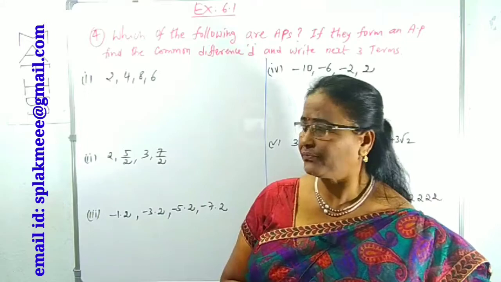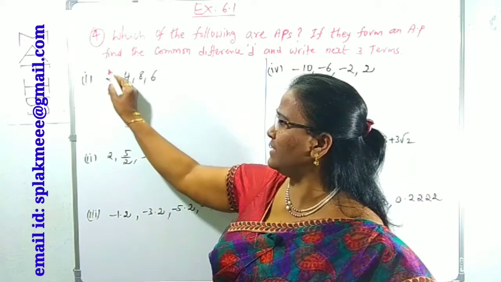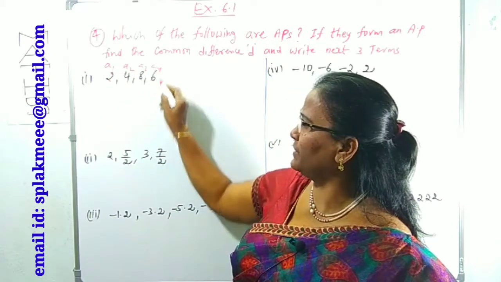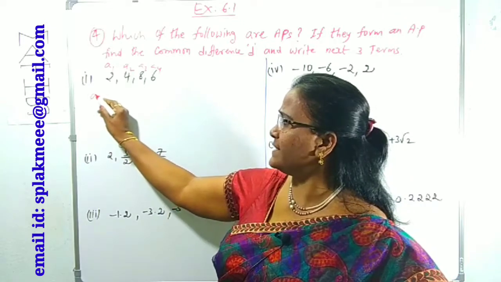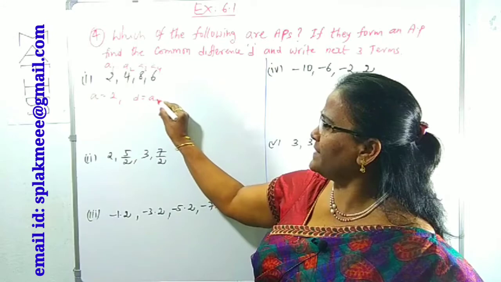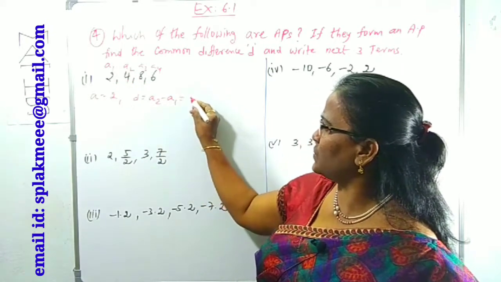క్వశ్చన్ నెంబర్ 1: 2, 4, 8, 6. First, what is A1 here? A1, A2, A3, A4. A is 2. What is D? A2 minus A1, that is 4 minus 2, which is 2.